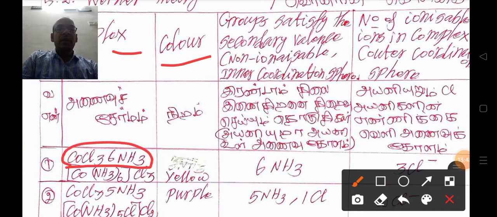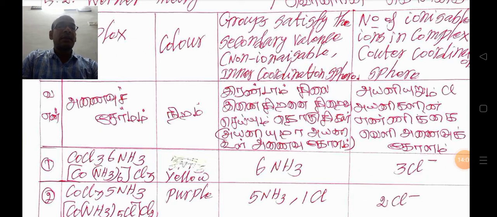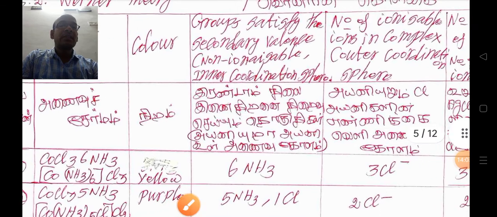Using the data, we can write the coordination complex like this. Groups satisfying the secondary valency are non-ionizable, in the inner coordination sphere.